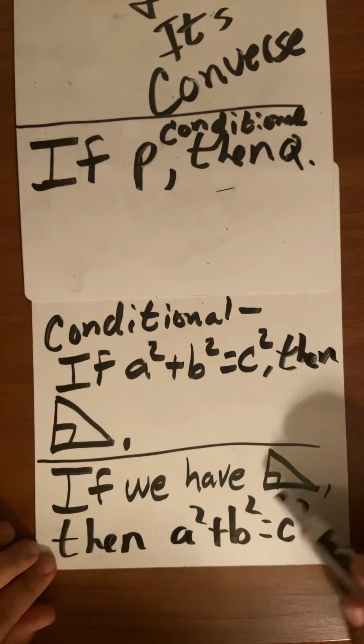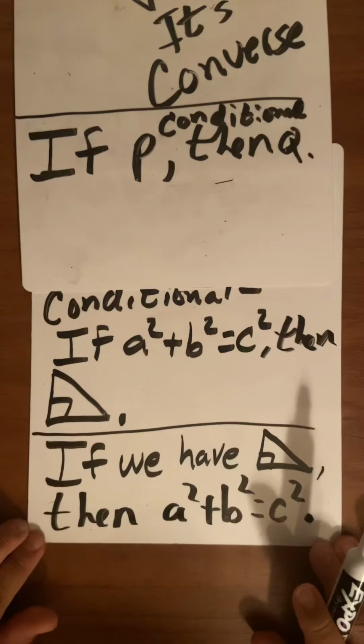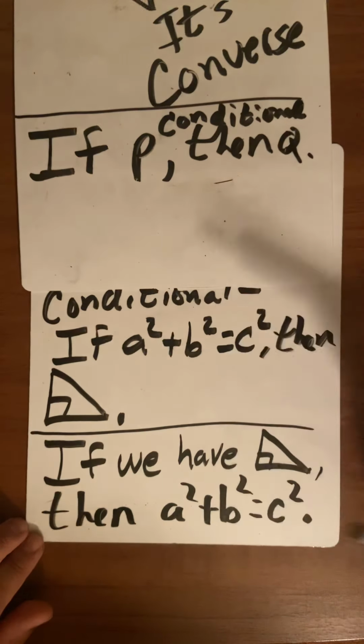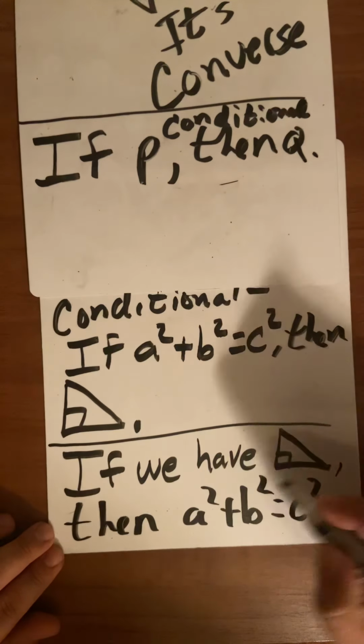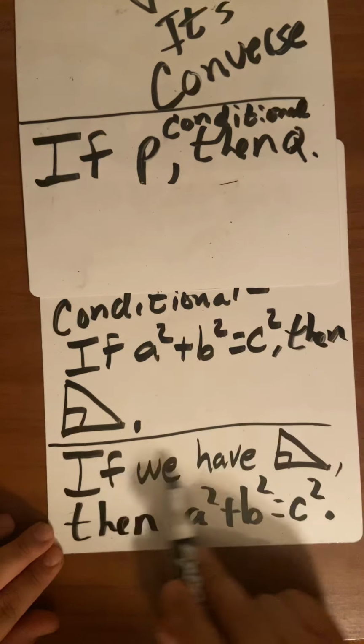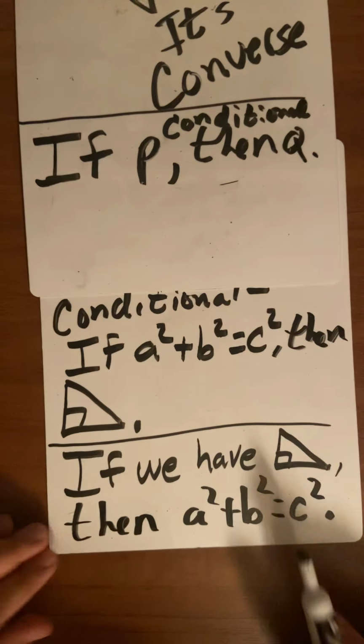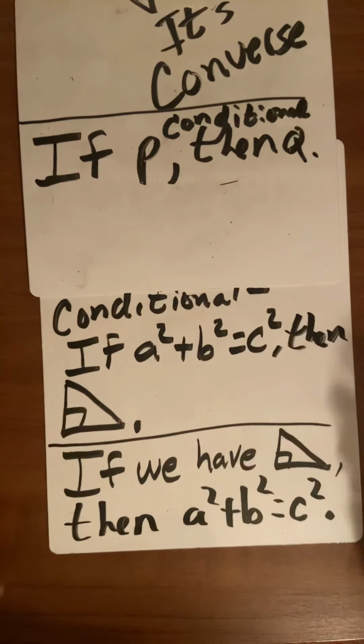Okay, so these two are pretty much married to each other. All right, so that's all we're talking about. And we got our conditional statement and the converse. This right here would be our converse, the bottom section here. If we have a right triangle, then a squared plus b squared equals c squared. We just flipped those.